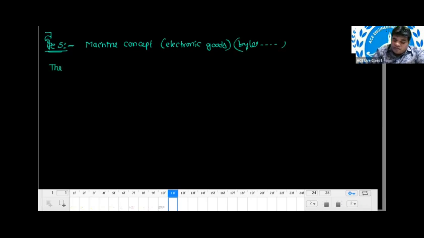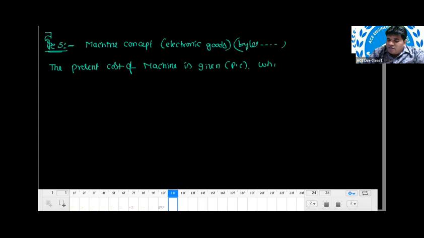The present cost of a machine is given, which machine cost generally, what happened next year? Decreased by R% per every annum.